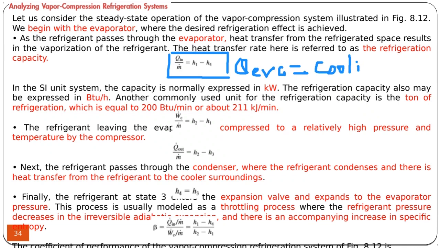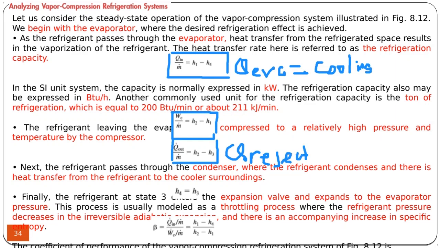In the compressor, work can be calculated similar to the power generation cycle. It's just the difference between the exit enthalpy of the compressor and the compressor inlet enthalpy. This is the heat rejected. So this is Q rejected at the condenser.